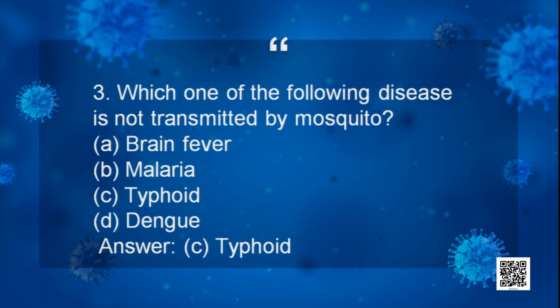Which one of the following diseases is not transmitted by mosquito? The options are brain fever, malaria, typhoid, dengue. Definitely the answer is typhoid, because brain fever, malaria and dengue are all spread through mosquito vectors.